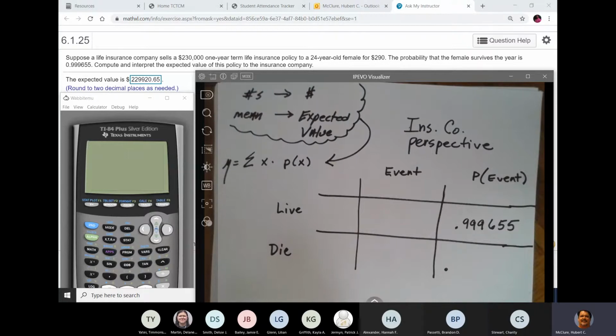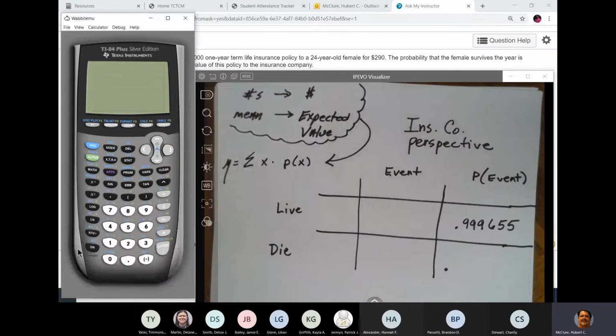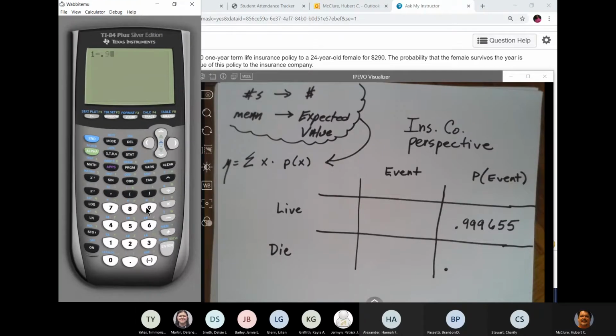So I'm going to take my handy dandy calculator and I'm going to take 1 minus 0.999655. And that is the probability. I'm going to put it in red because 1's in black.